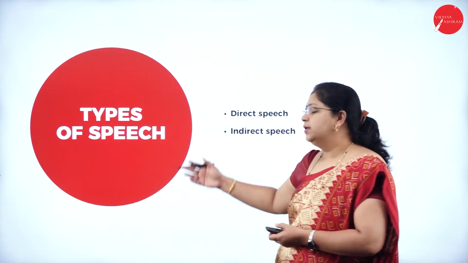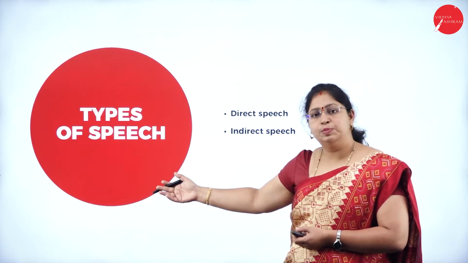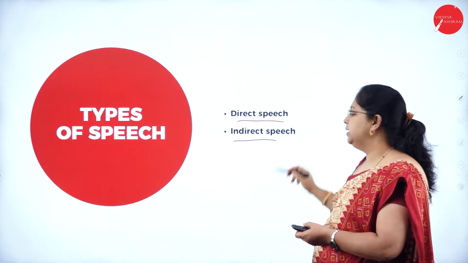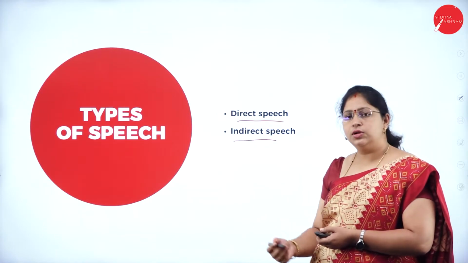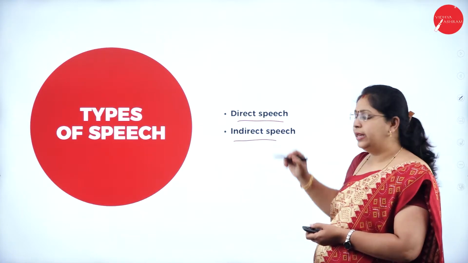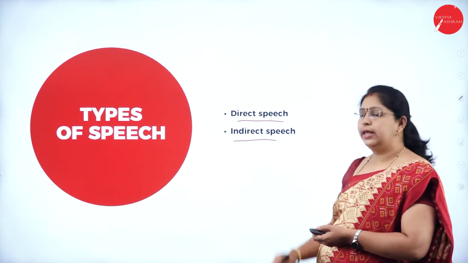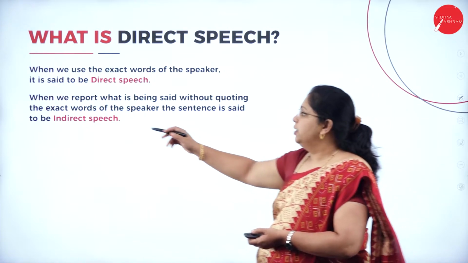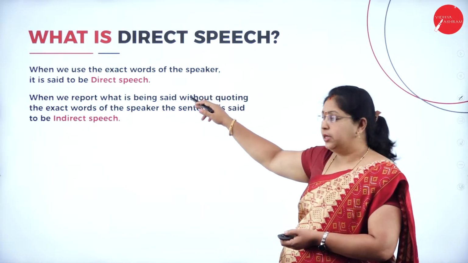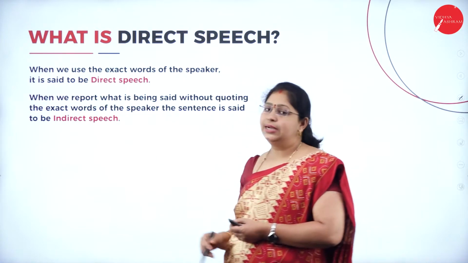So, today we'll see two types of speech, direct and indirect speech. Before going further, first let us be clear with what is direct speech and what is indirect speech. So here, when we use the exact words of the speaker, it is said to be direct speech.